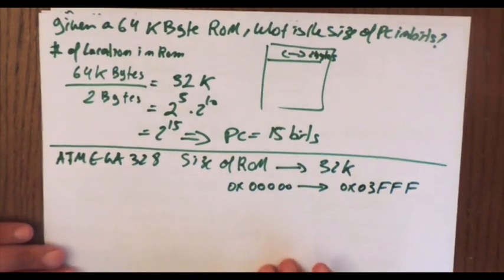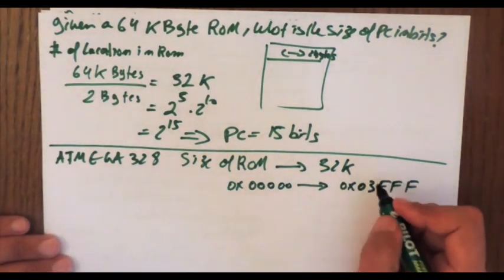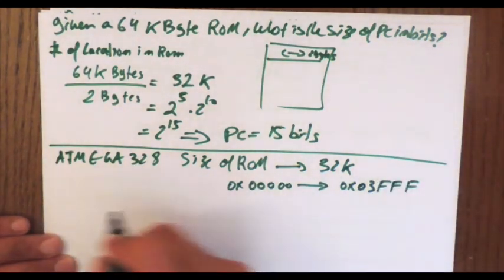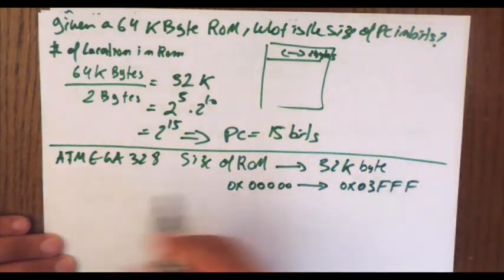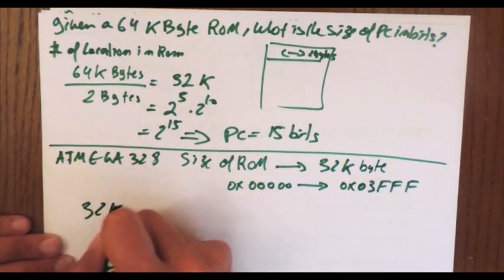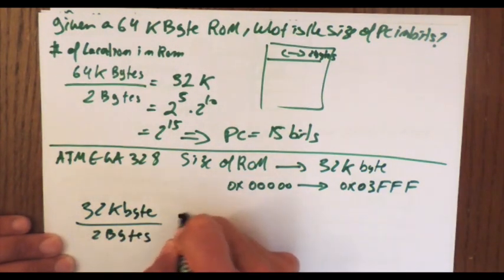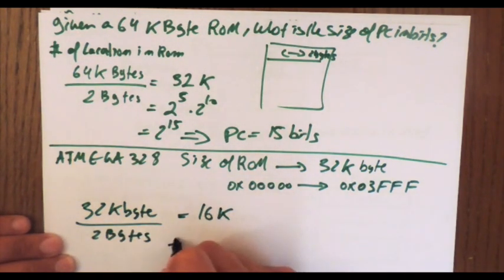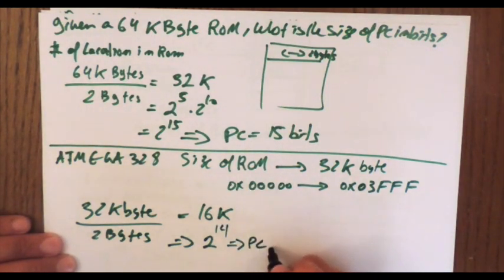So how come we reach this address? This is because if I look at the PC for a 32 kilobyte ROM, it is as follows. We have 32 kilobytes, I divide it by 2 bytes, this will give me 16K, which implies I have 2 power 14, and implies PC is equal to 14 bits.